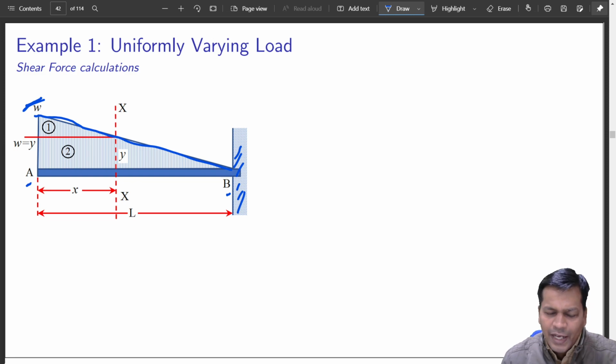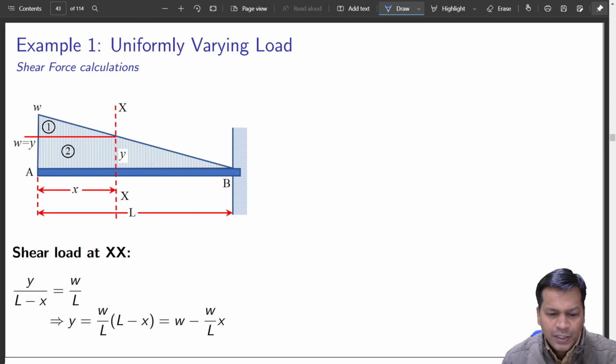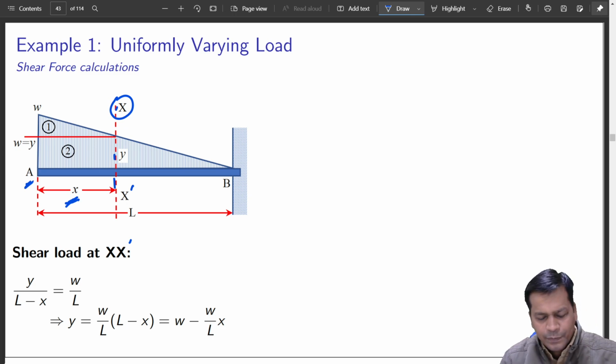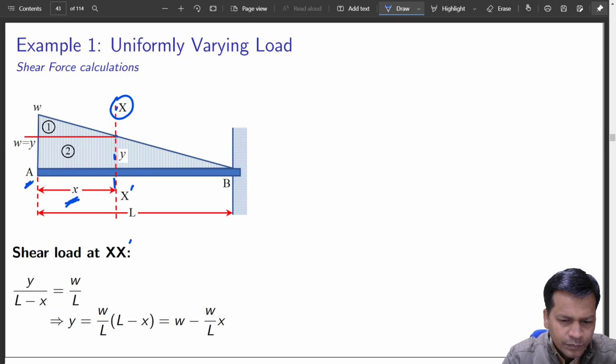This can easily be done using our older method also, but I would prefer doing it using our new relations. So now you have to find out how much is the load at a distance x. Let us say this is a small section at a distance x from the end A. Using similar triangles, what will be the loading at this point?